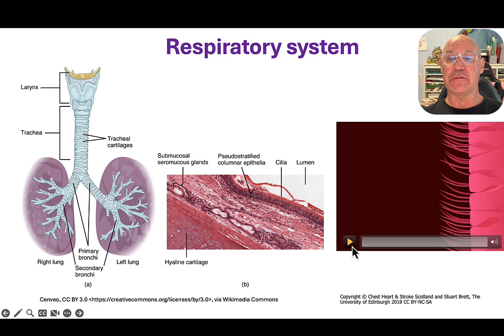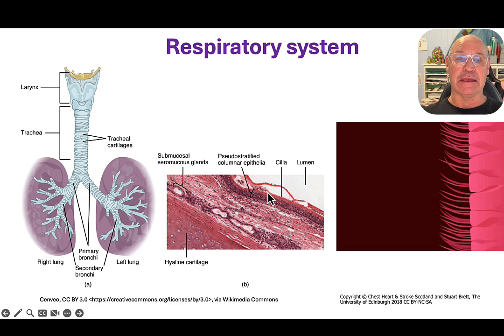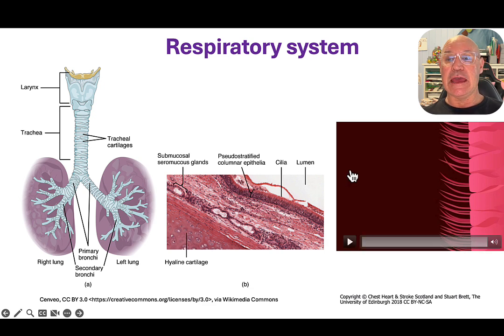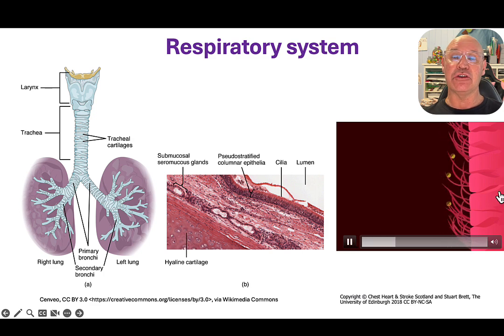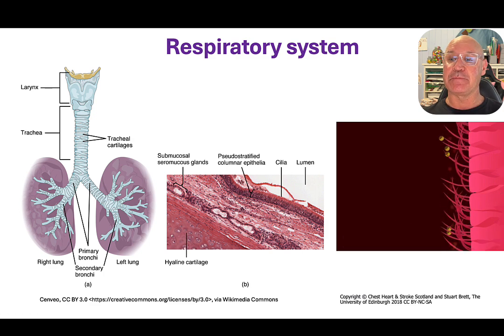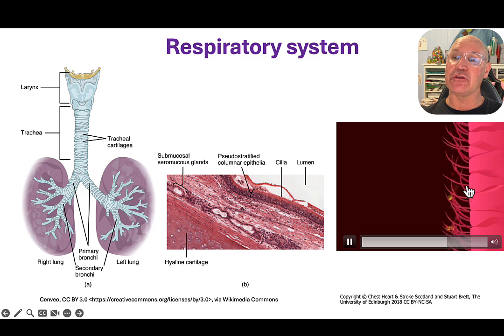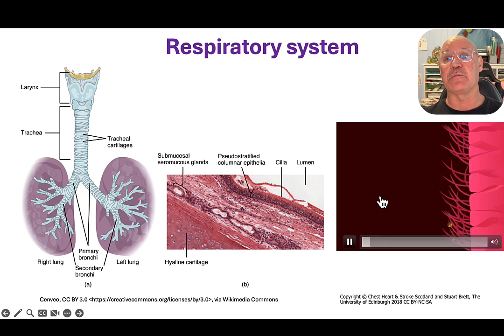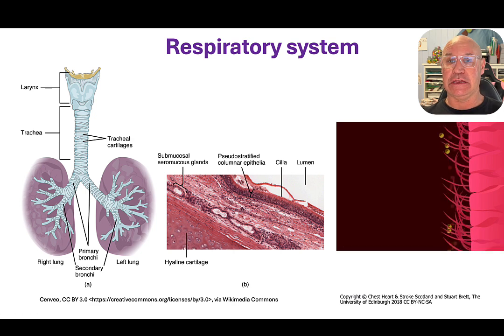The trachea is lined with epithelial cells that do two things. First of all, they secrete mucus, and they also have cilia to create what we call a mucociliary escalator that brings that mucus and any dust and debris up into the mouth and the nose for clearance.